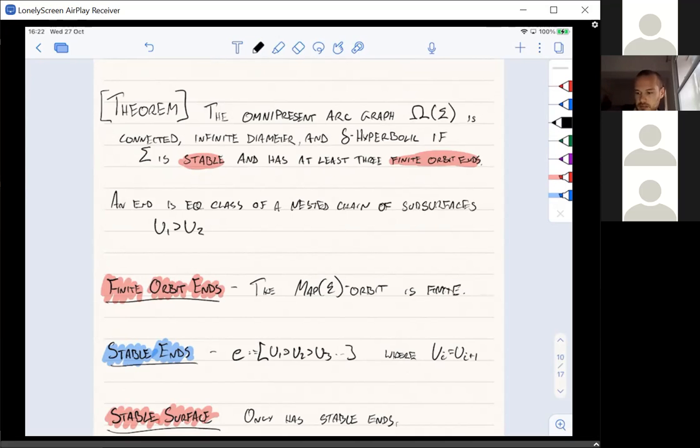Okay, so it's these subsurfaces U1, which contains U2, which contains U3, that goes on forever. And we'll say that the boundary of each Ui, these subsurfaces do have boundaries, is connected.